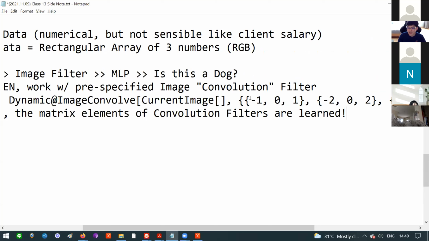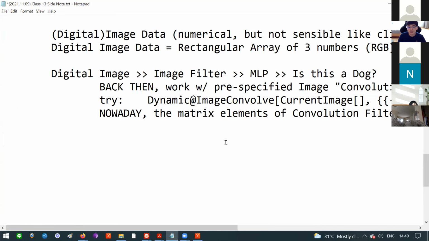In this case, instead of putting the number, you put in something like W11, W12, W13, and so on.